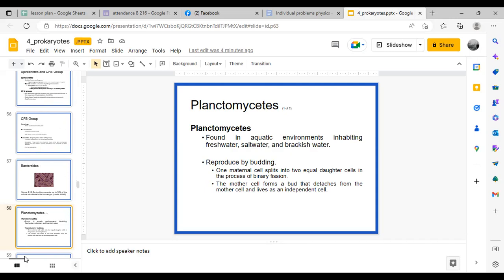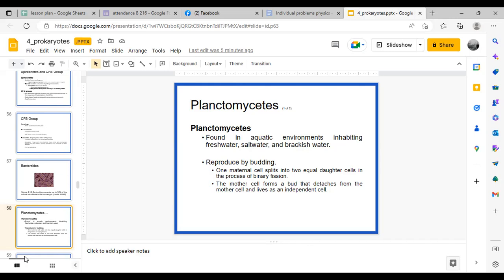Okay, Planctomycetes. These are found in aquatic environment inhabiting freshwater, saltwater, and brackish water. So they reproduce by budding. Unlike binary fission, where one maternal cell splits into two equal daughter cells. Yung nag-ano siya, hindi siya yung normal na binary.